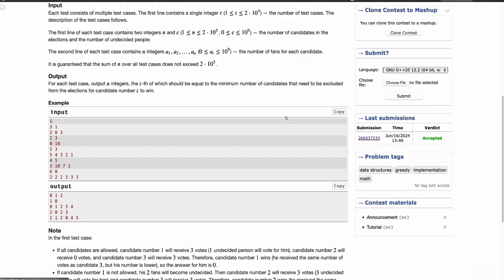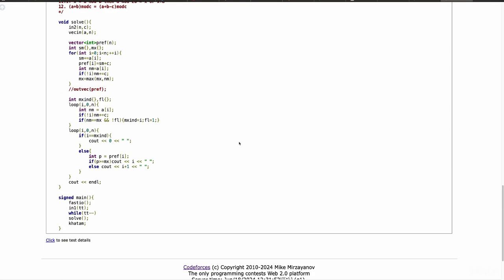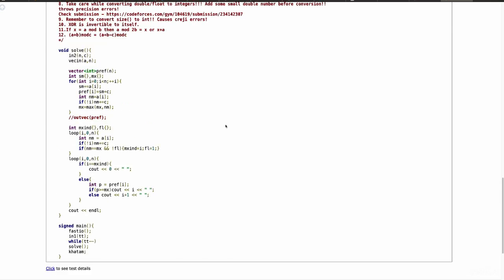Let's check out the summation here. First we have taken the input n and c, and then there's a vector a, that's the array. We have created a prefix sum vector, and in this, sum and max. I've used max to keep track of the maximum possible element in the whole array, and sum to keep track of the prefix sum.